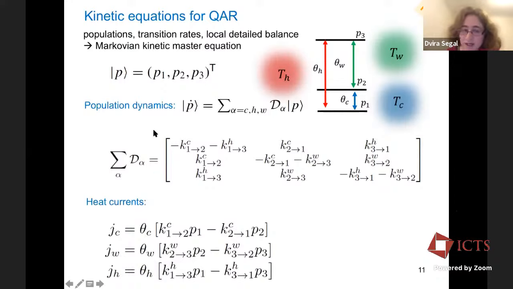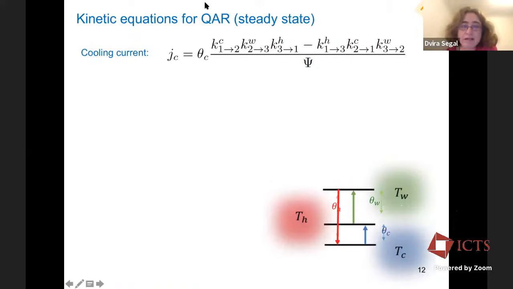We can solve the dynamical equation in steady state, find the populations, plug them here, and get the steady state heat currents. From there, we can write down a nice expression for the current in the steady state limit. The denominator, I'm going to ignore right now, it's just a monster. But overall, we have a closed form expression for the cooling current.